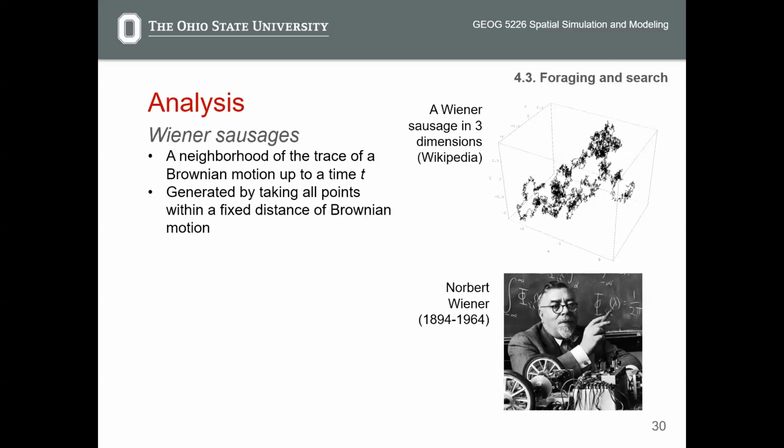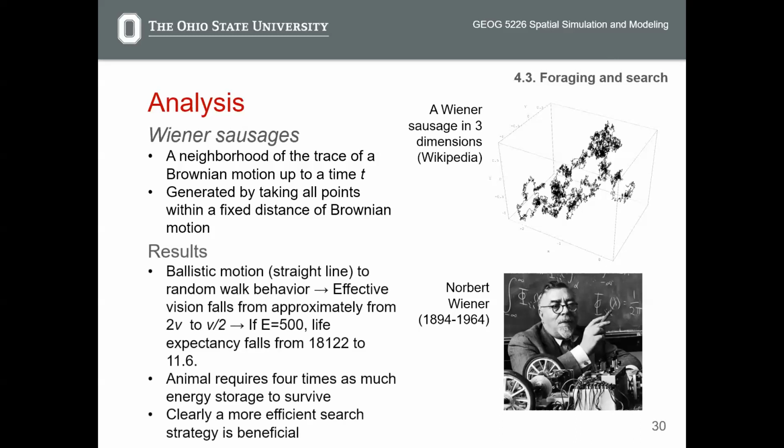And this Wiener sausage model can also be used to address animals' foraging behavior. So what's the implication of this model? Ballistic motion, or straight line motion, to random walk behavior.